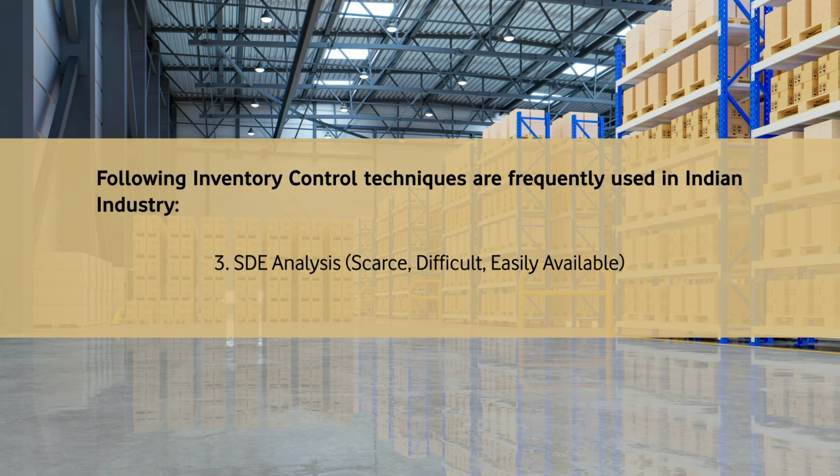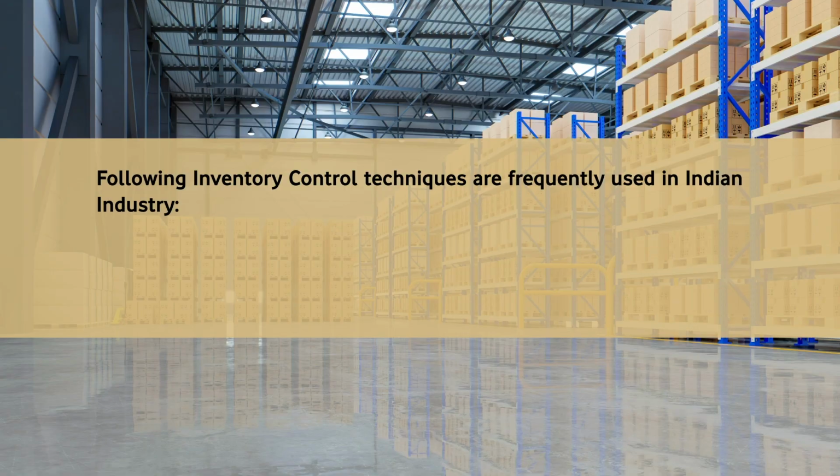SDE analysis is scarce, difficult and easily available: those inventory items which are scarcely available, very less available, and for which a very long lead time is required to get them. Then the difficult ones are less important, and the easily available ones are the least important. HML analysis is high, medium, low cost: the inventory which is very high cost is the high one, less than that is the medium one, and the lowest is the low cost.